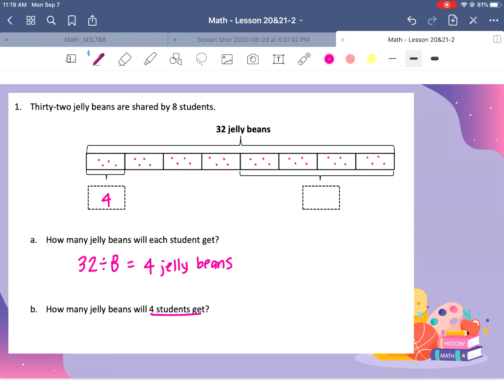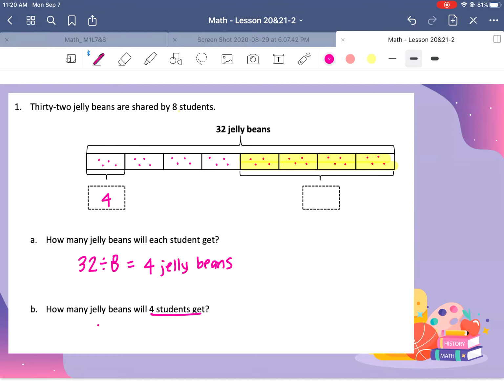How many jelly beans will 4 students get? So now the second question is interested in the number of jelly beans that 4 students get. There are 2 ways. First, we can actually count the number of jelly beans inside these 4 boxes.